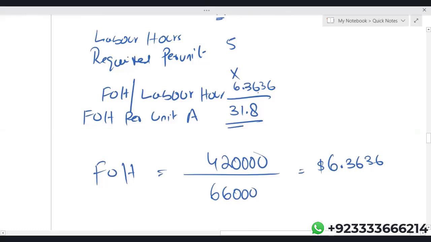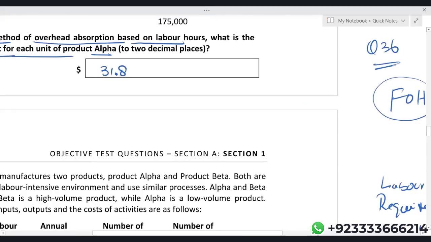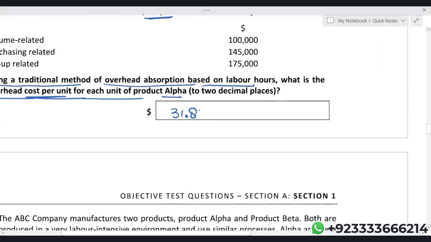So 5 multiplied by 6.3636. Now, student, I'm getting 31.8182. So with a little bit of change, 31.82, just because the examiner was asking us to go for 2 decimal places. So 31.82.